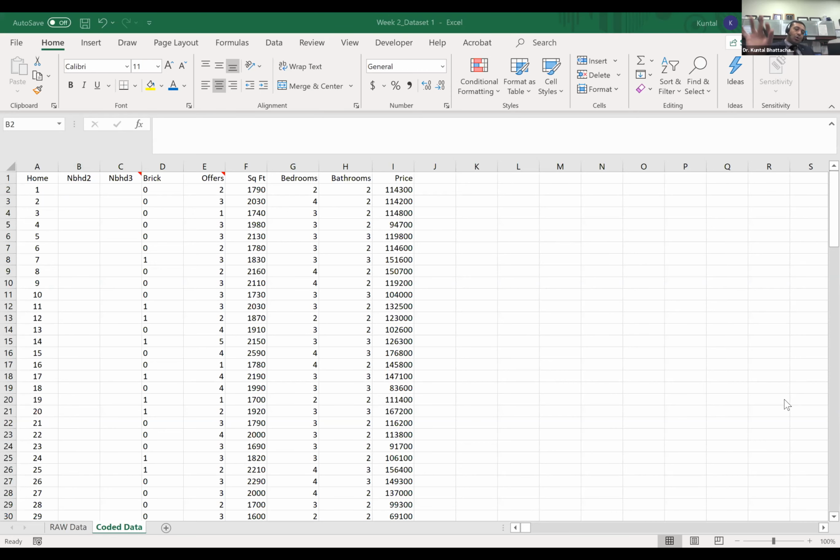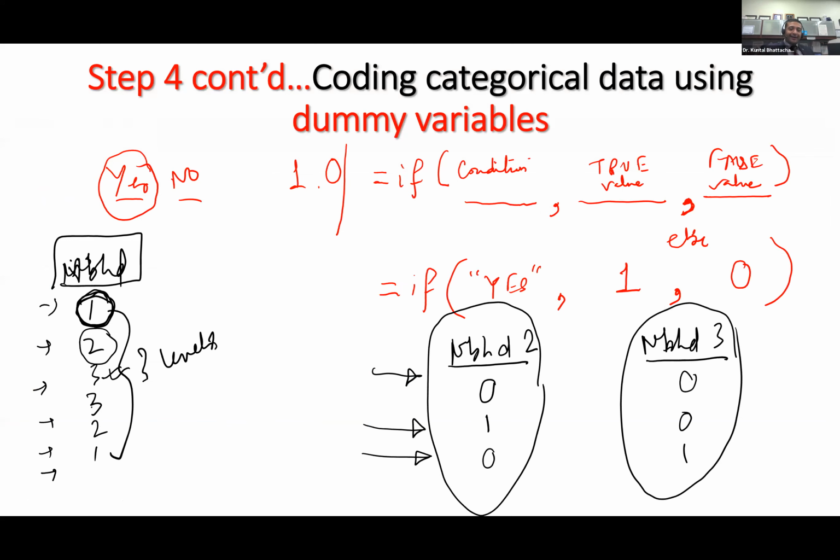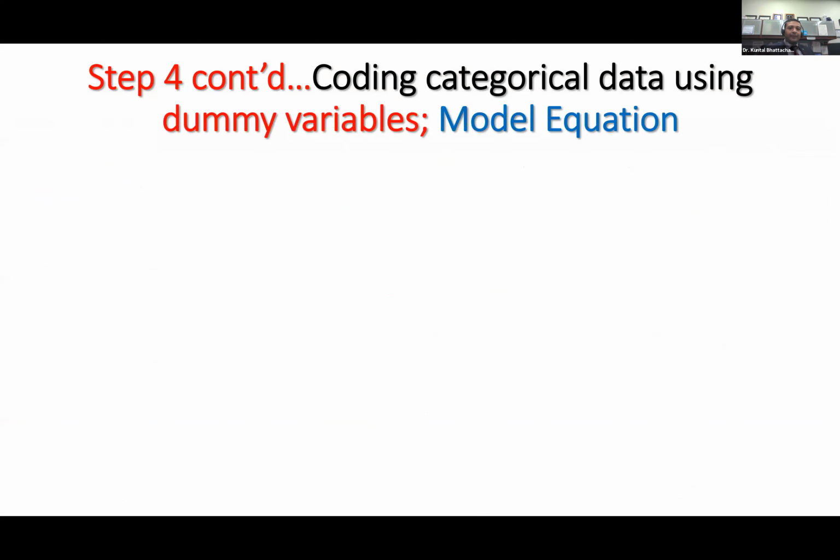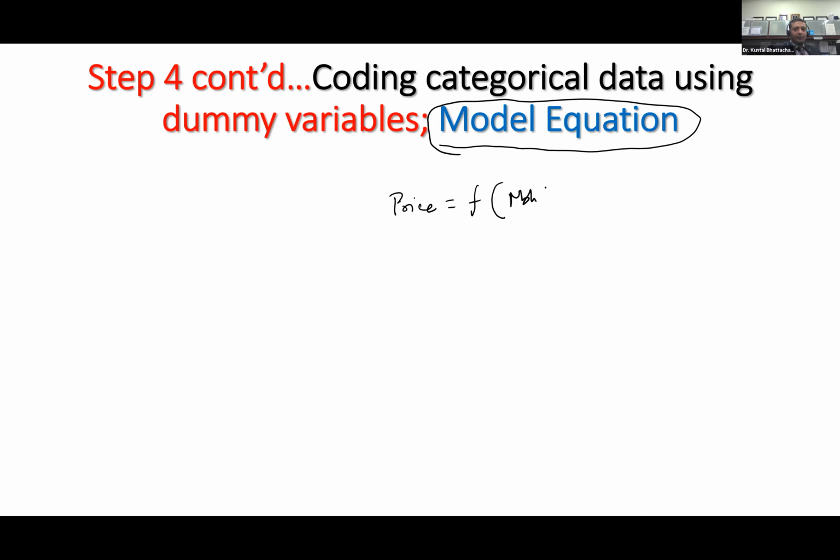Now, once your coding is done, you have the data set that will allow you to build the overall model equation. So in essence, this is your revised functionality. Your price is a function of neighborhood 2, neighborhood 3. What else do we have?